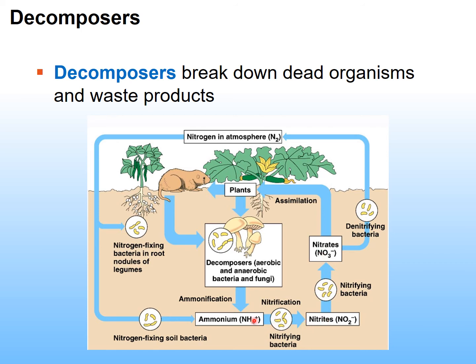Nitrification involves the conversion of ammonia into nitrates and nitrites. Some produce the nitrites, some produce the nitrates, and some can produce both. And the ammonia often comes from those bacteria that can fix nitrogen from the nitrogen gas in the atmosphere. So you can see this is a cycle in which many organisms are involved and they're dependent on one another.